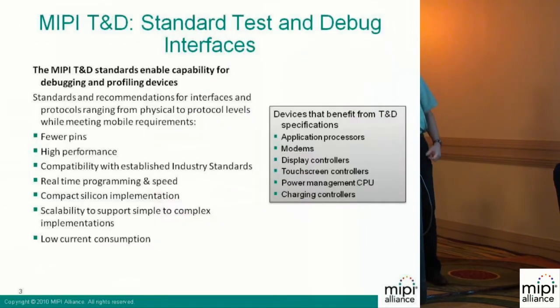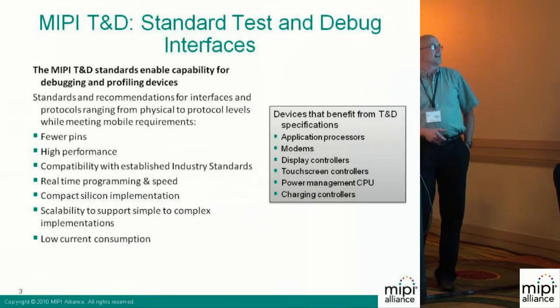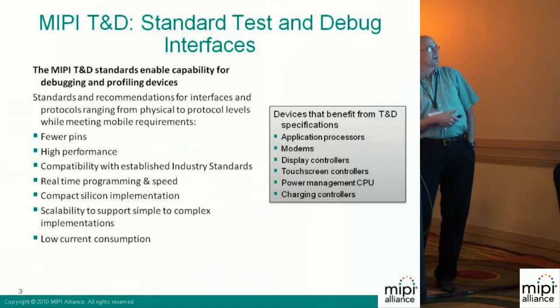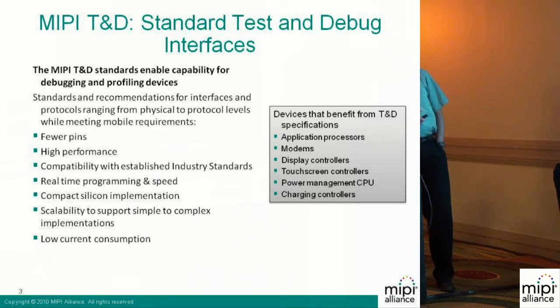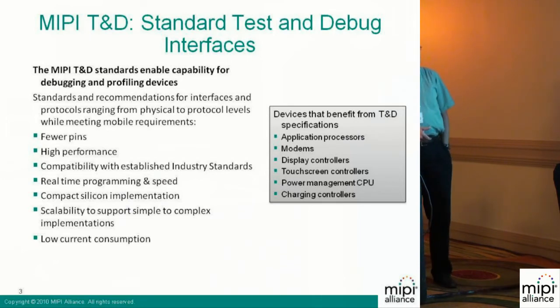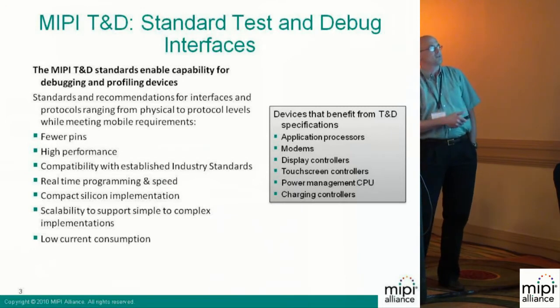So this is sort of a pie in the sky table for all the things that we're going for from a debug capability. Everybody wants the debug footprint to have fewer pins. They want it to be faster. They want industry standards, so debug tooling and chips can play together, and scalability, all the other fine words that people use, but those are some of the key points that we're shooting for.